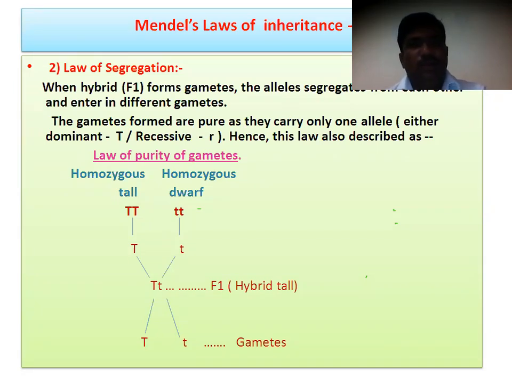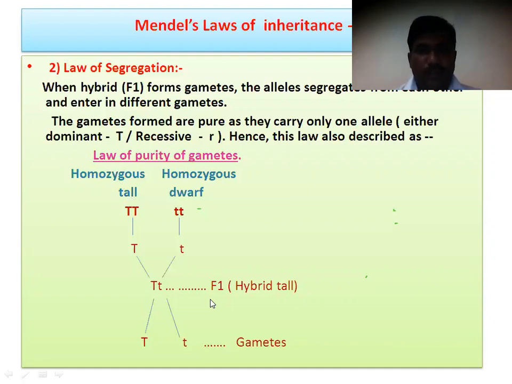Then the law of segregation states that, see this cross: the homozygous tall and homozygous dwarf individuals cross together to form the F1 hybrid.